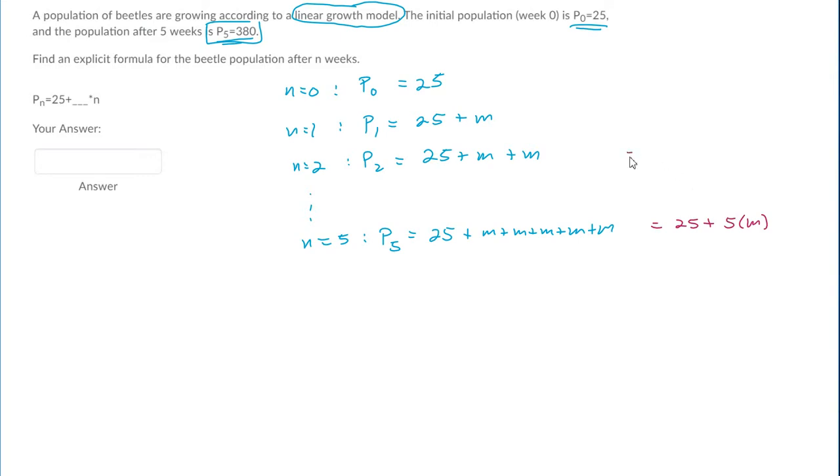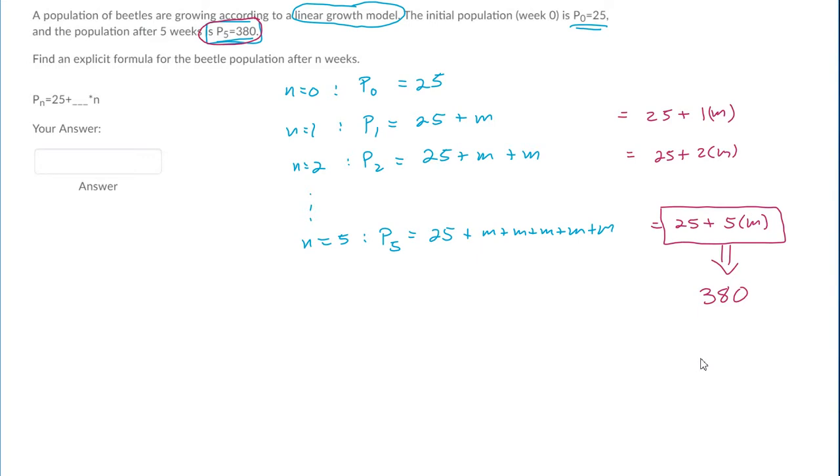This is 25 plus 2 copies of the m because we were at time 2. This was at time 1, etc. Since we know that our population here is 25 plus 5m, but they're telling us that it equals 380, I know that this quantity right here is 380.